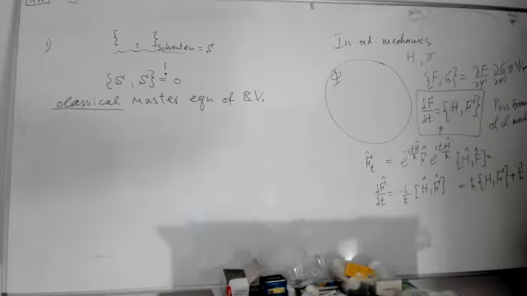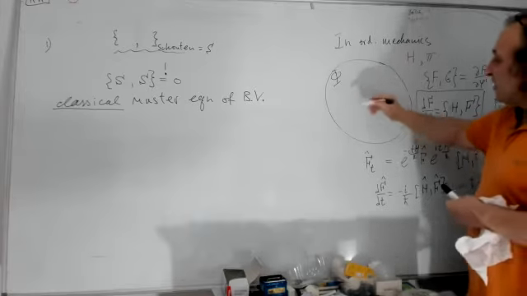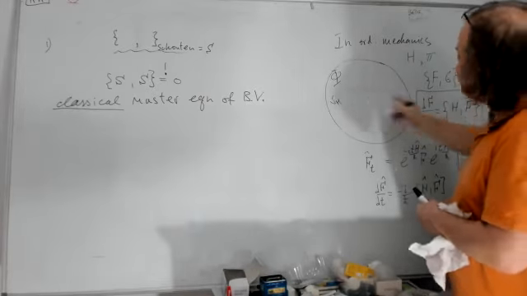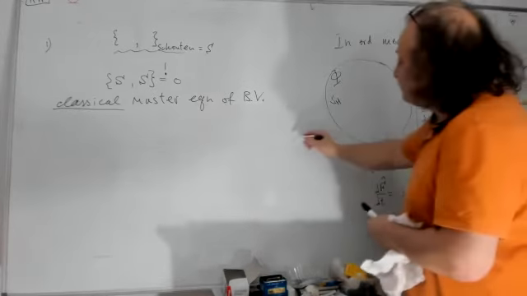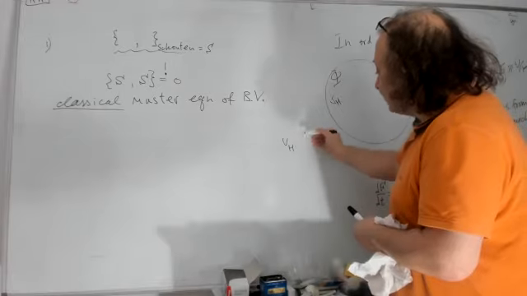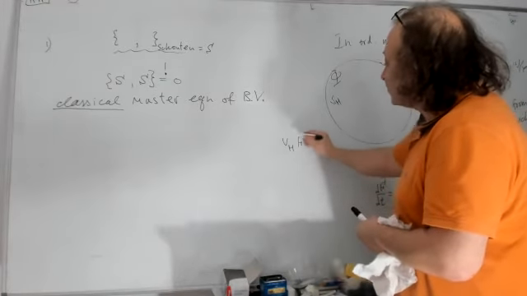Okay, but it's not the sign that's important. This dynamics comes from the vector field V_H here, where V_H is defined by the Hamiltonian function.